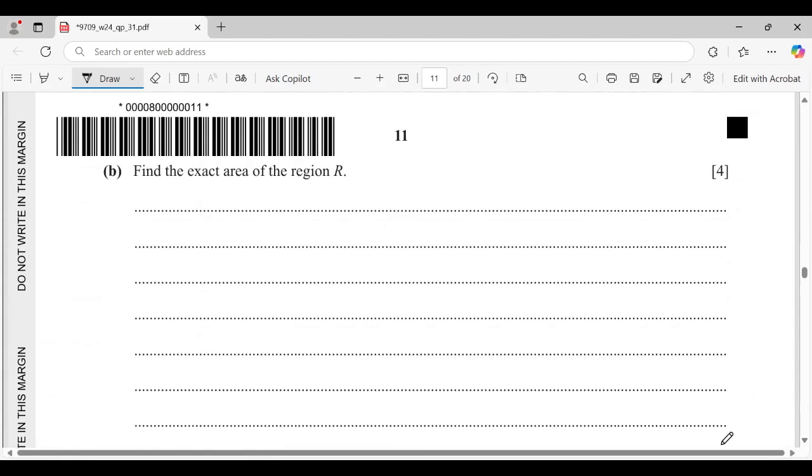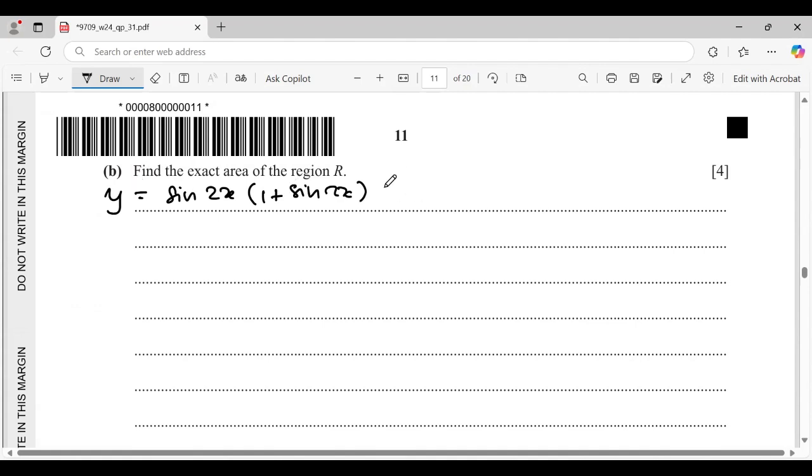Find the exact area of the region R. Determine where the curve is above the x-axis based on the information. So I'm going to determine where the curve is above the x-axis. Sin 2x (1 plus sin 2x).